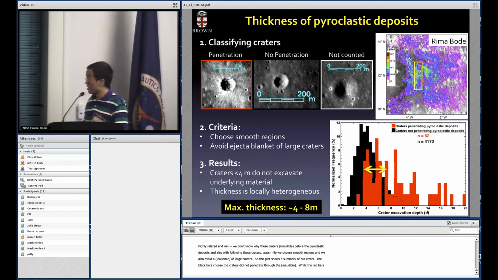So from this figure, we can tell craters with excavation depth less than 4 meters generally do not penetrate through the layer. And craters with excavation depths larger than 10 meters generally all penetrate through the layer. So we are confident to say that the layer must be within 4 to 10 meters, but with 2 sigma, we can tell the thickness is around 4 to 8 meters.